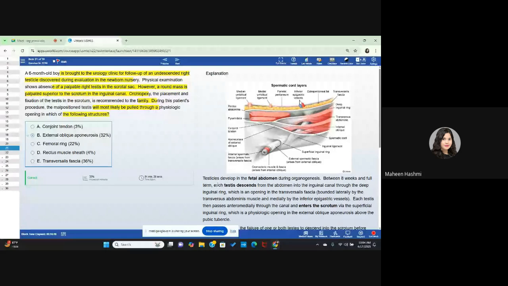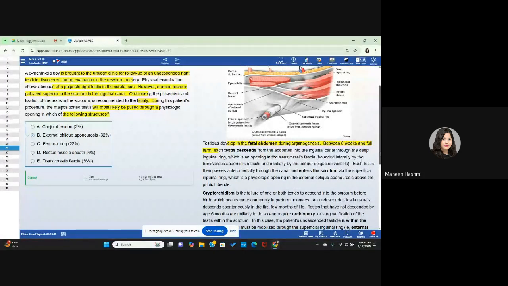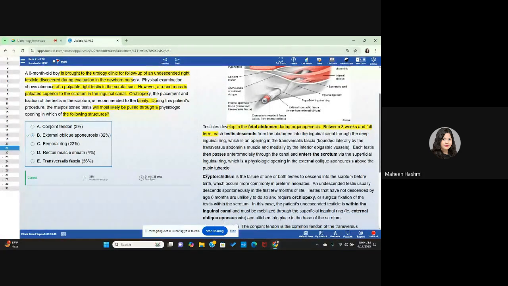We know that the testicles develop in the fetal abdomen and they have to descend downwards. If they do not descend and stay in the abdomen, then there's this condition called cryptotorchidism. When a male newborn is born, you have to look for the testes. Cryptotorchidism means that one or both of the testes have not descended from the abdomen.